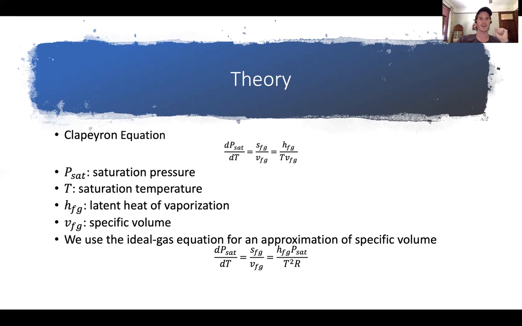As you can see, Psat is our saturation pressure, T is the saturation temperature, hfg is our latent heat of vaporization, and vfg is our specific volume. And we use the ideal gas equation for an approximation of the specific volume, so we don't have to rely on the tables.